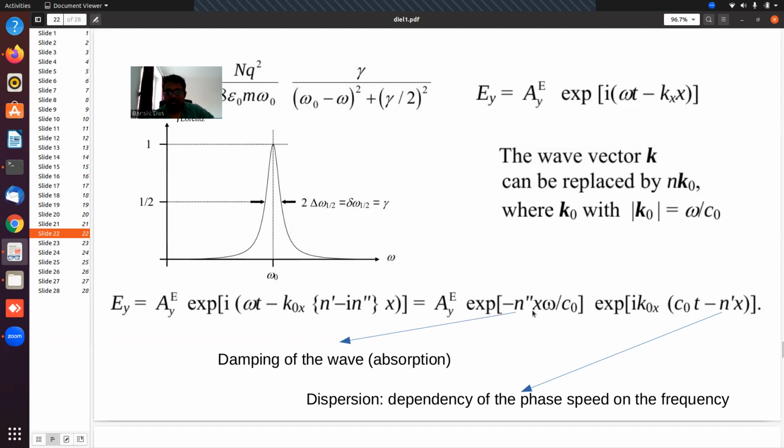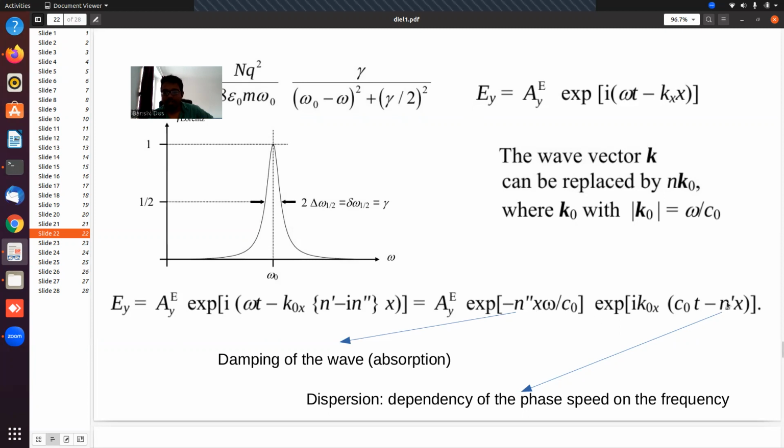So this part is the amplitude. If we compare this expression with the last expression, this part we can think of as a damped amplitude, an amplitude that is exponentially damped. And this part we can think of as the change in phase with respect to the vacuum.